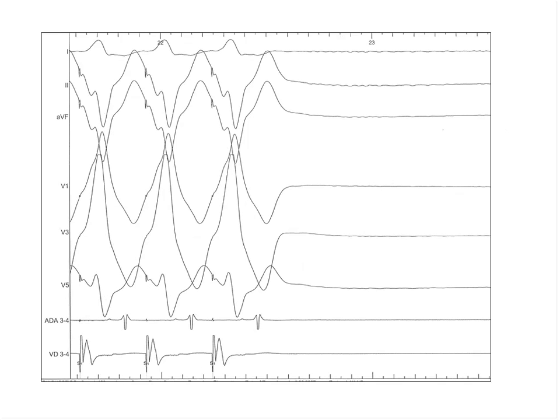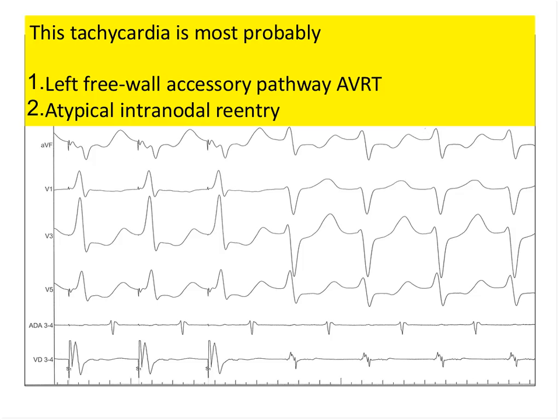So this is the resultant morphology of pacing from the same site at the same rate, but in the absence of tachycardia. Now, we come back to the previous slide, and I want to ask you this question.